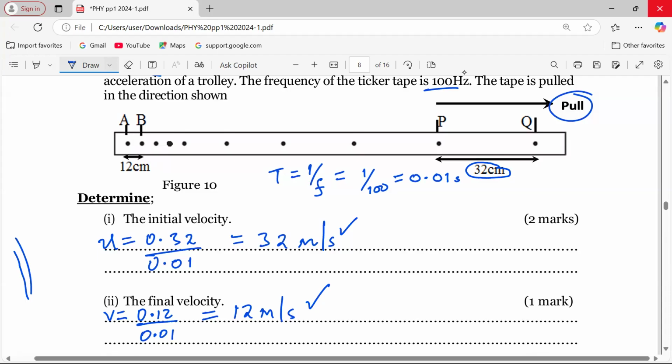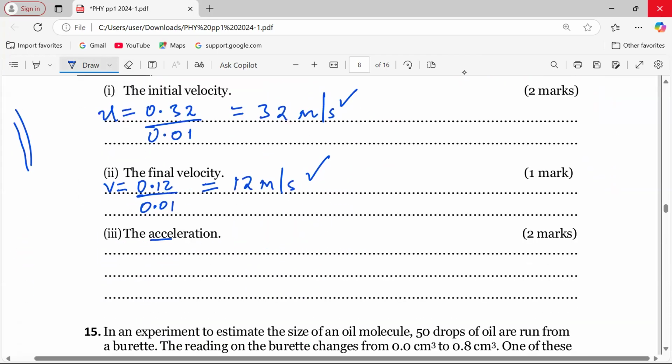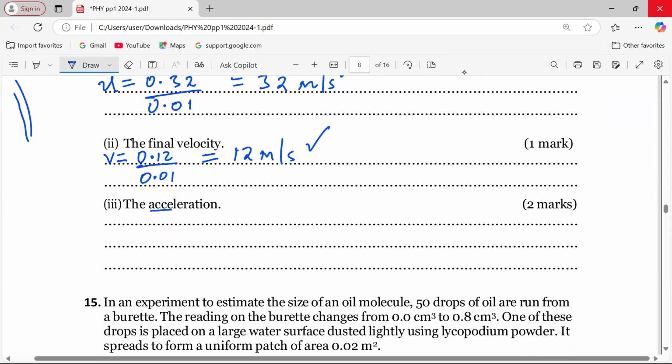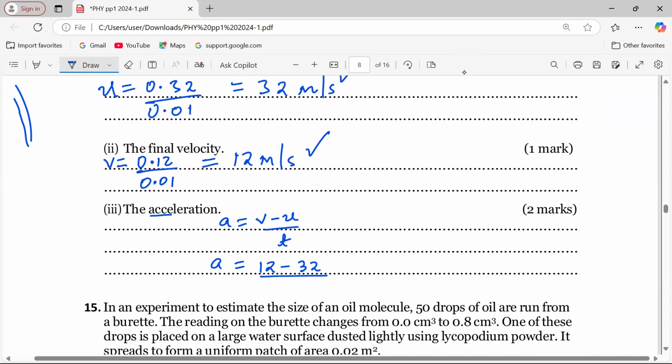So now we proceed to getting our acceleration. Acceleration is generally given by V minus U over T. It means that our acceleration shall be V minus U over time. And how do we get time?